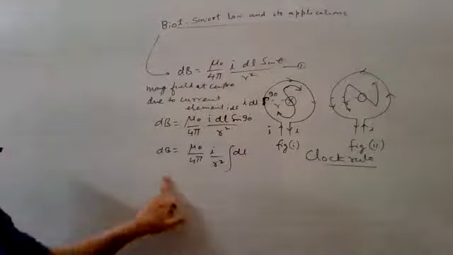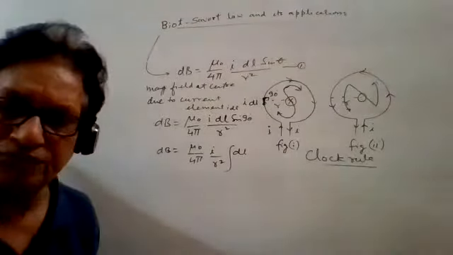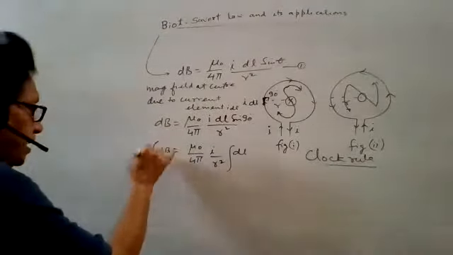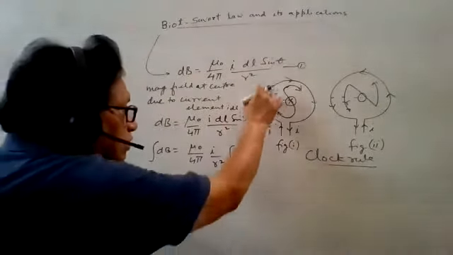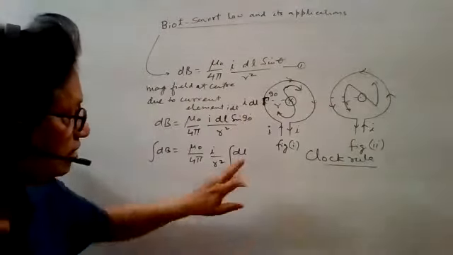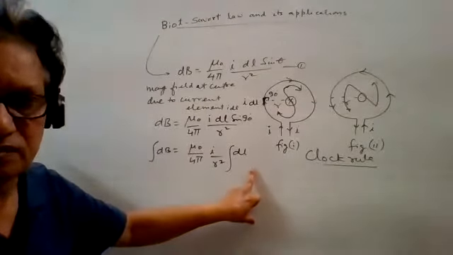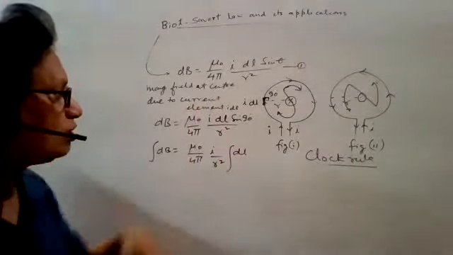Suppose we are interested in finding the net, resultant magnetic field at the center. We can integrate it. By integration, the limit of dl should definitely be the perimeter, the circumference, so 0 to 2 pi r.